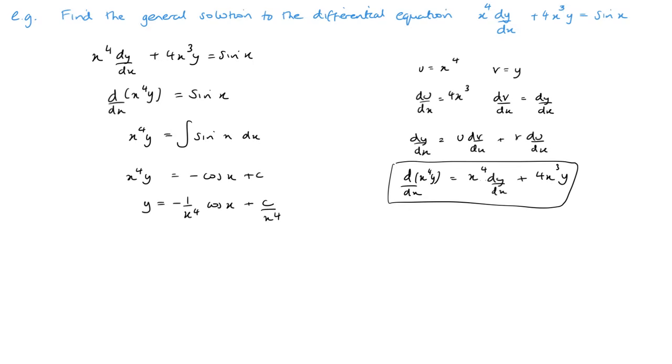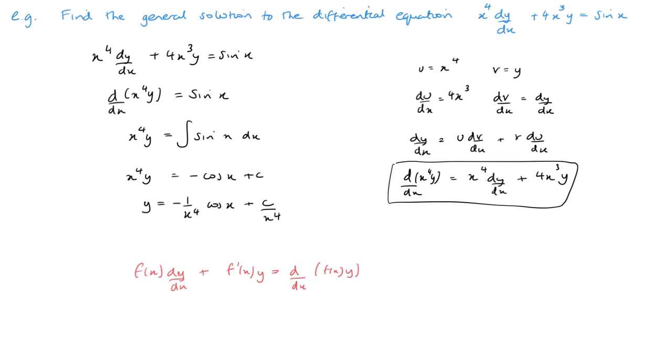If you see a function of x times dy by dx plus the derivative of that function multiplied by y, then it will equal that function of x times y, differentiated.